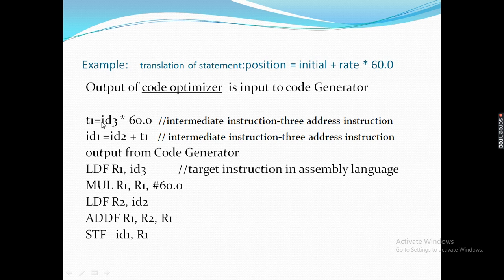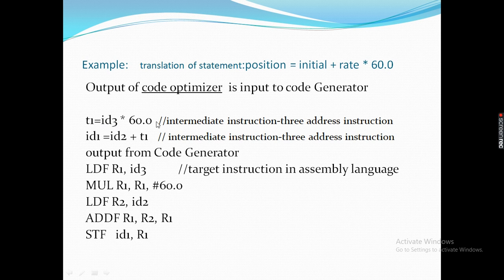Another condition for a 3 address instruction is that the right side may have 0 or 1 operator. So this is purely a 3 address instruction. The next instruction is also an intermediate instruction and also a 3 address instruction.